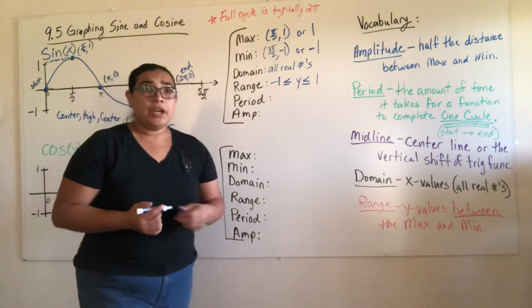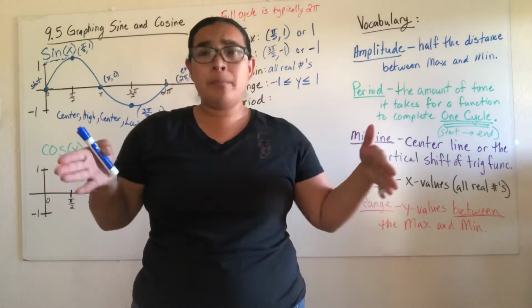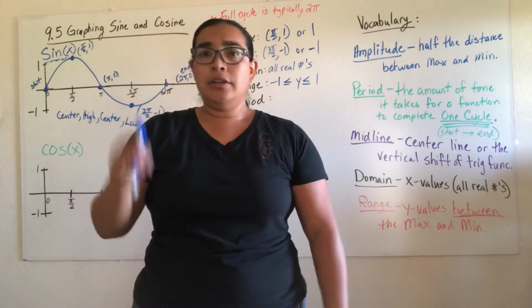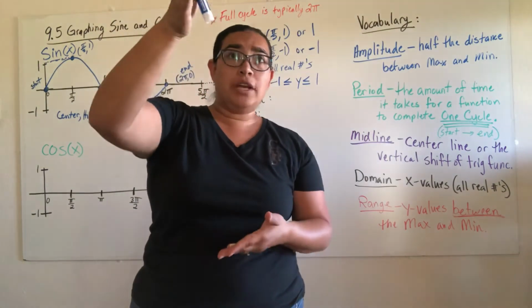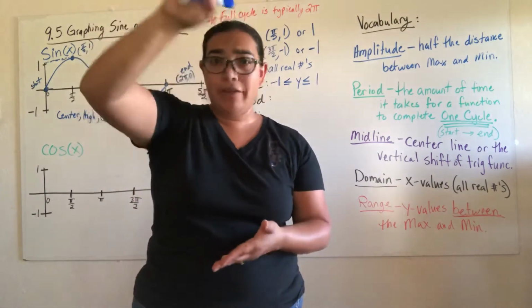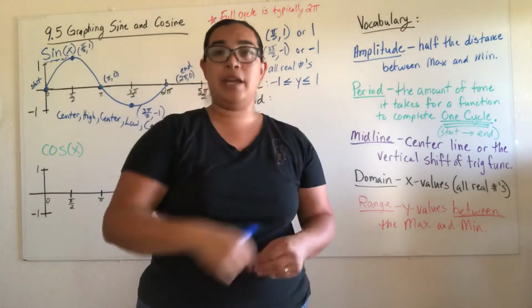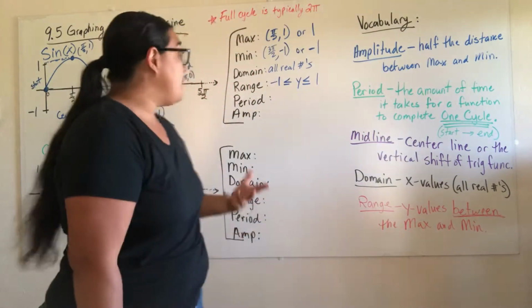All right, your period. Your period has to do with how long does it last? What time period does it take to get from your beginning to your end? To make a full turn on a clock, it takes 12 hours. That's how long it takes, 12 hours to get from 12 o'clock in the afternoon, boom, all the way to 12 o'clock midnight. That's the period length. So same thing here.